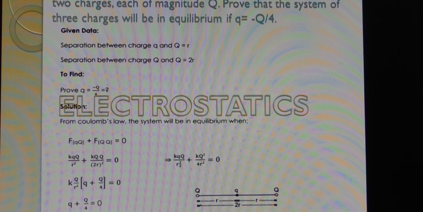And what we are going to do here, we have taken k capital Q over r square common. What is left inside? q plus Q by 4 is equal to 0. So from mathematics, either this term is equal to 0 or this term which is written inside the bracket is equal to 0. Okay, when we put q plus Q by 4 is equal to 0, what comes? The value of small q is equal to minus Q by 4.